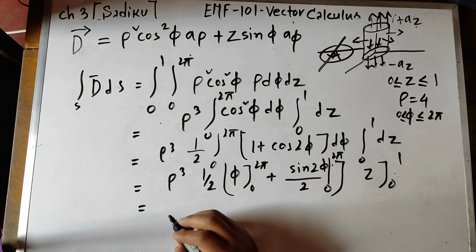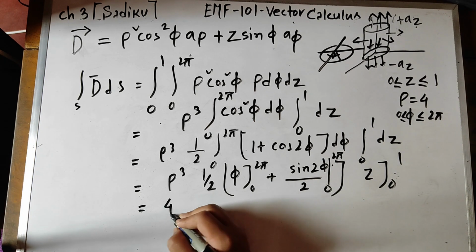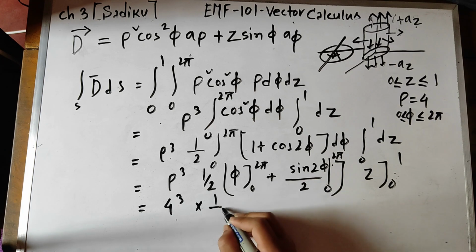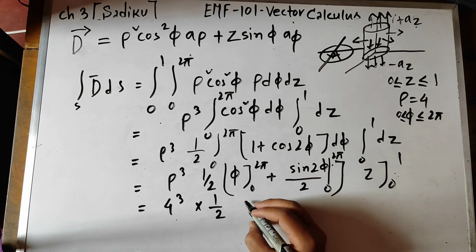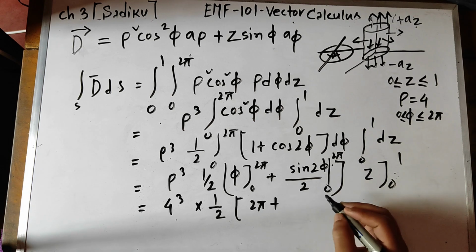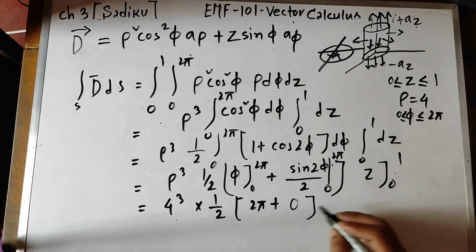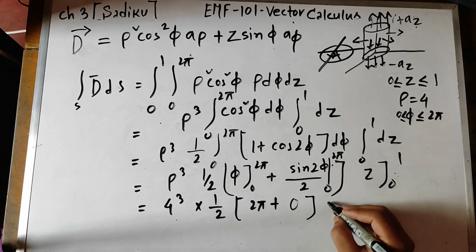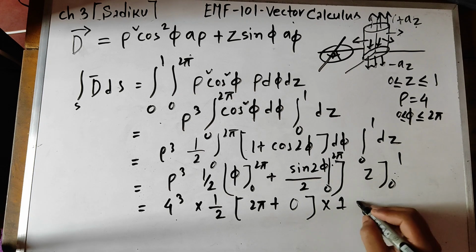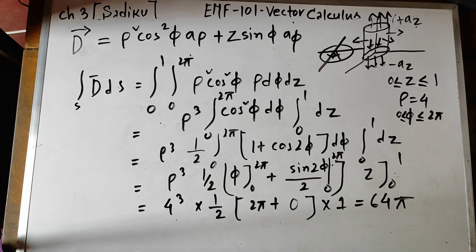This will give us, since rho is 4, 4 cube cross half, 2 pi plus sine 4 pi, which is 0, and cross 1. This will give us 64 pi.